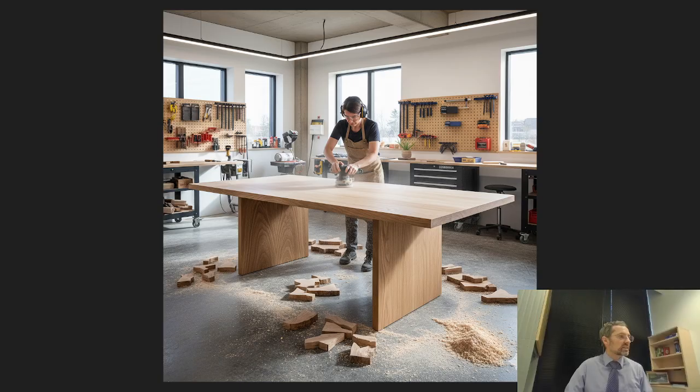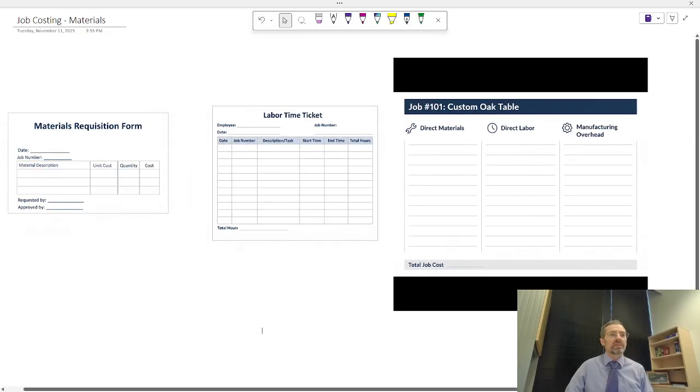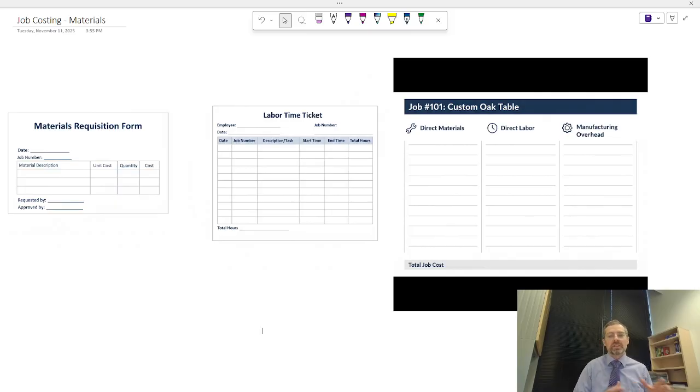So let's look at what that looks like when we purchase something and put it in raw materials inventory, like the wood. So let's say that we buy some wood. Let's say $1,500 of wood.